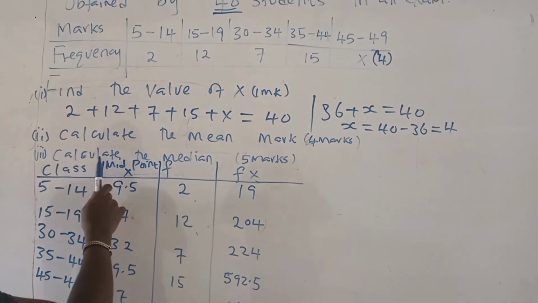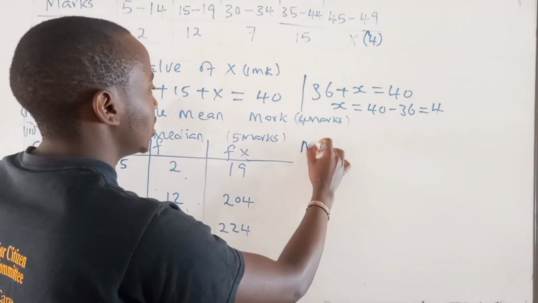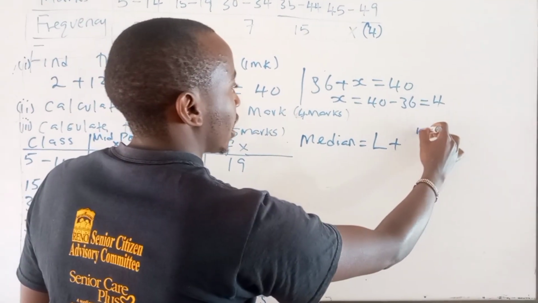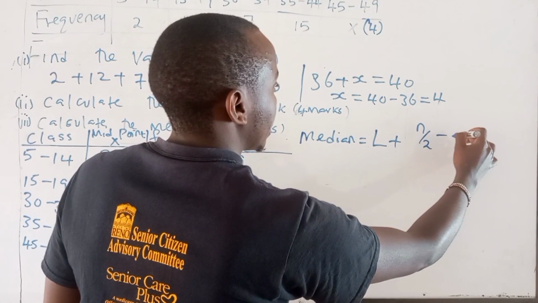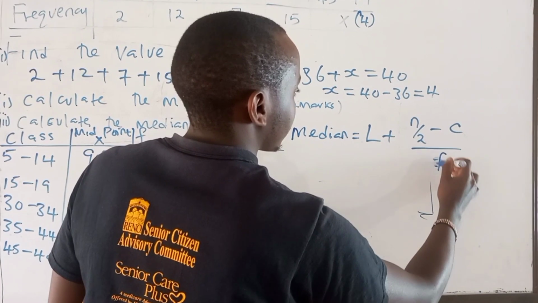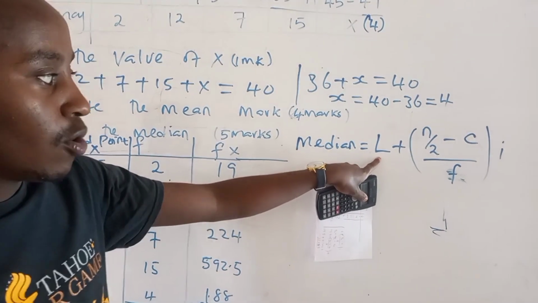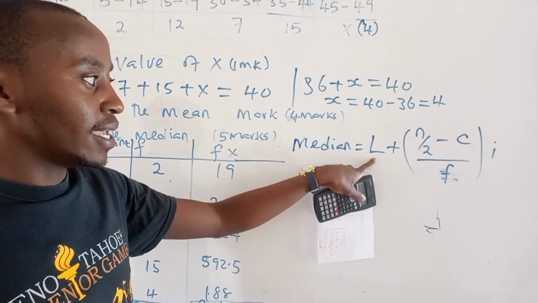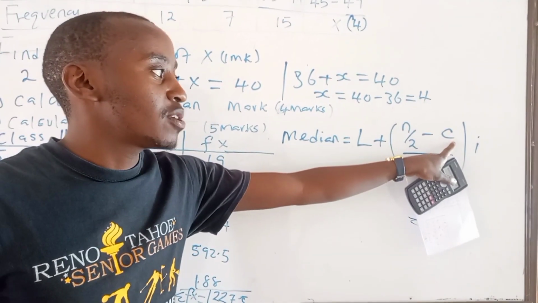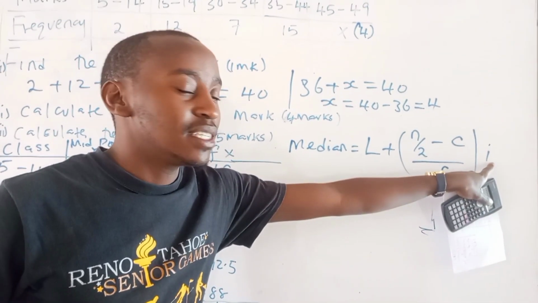The next question is calculate the median. The formula for the median is given by L plus N over 2 minus C, over f, multiplied by I. L is the lower class limit of the class where the median mark lies. C is the cumulative frequency above the class, f is the frequency of the class, and I is the class interval of the class.